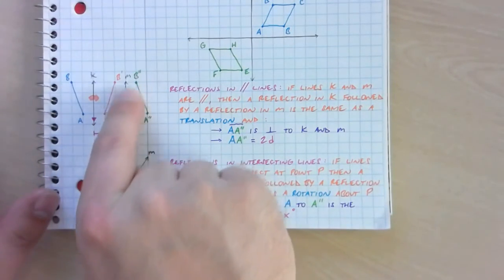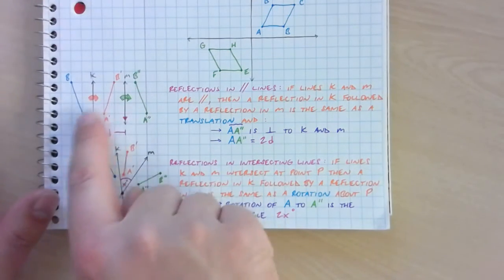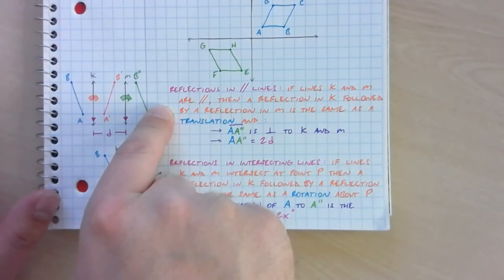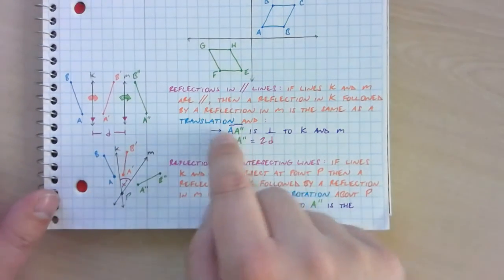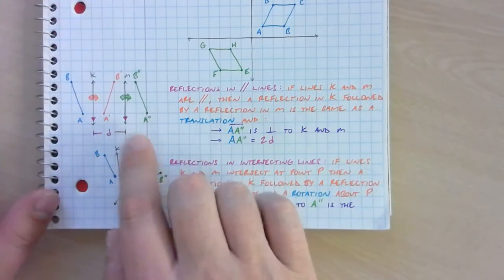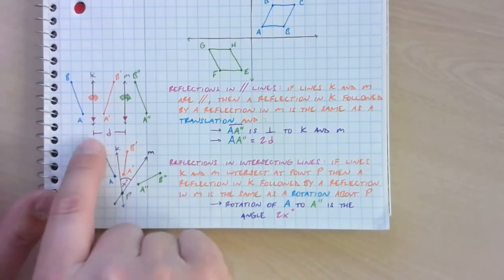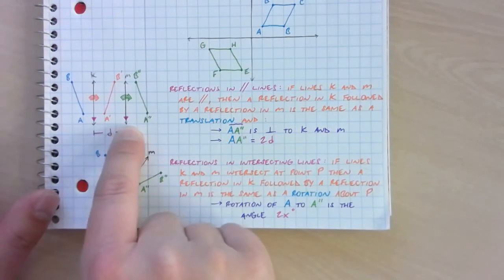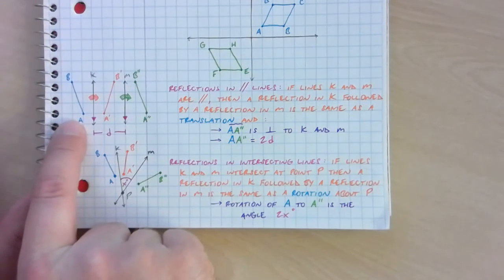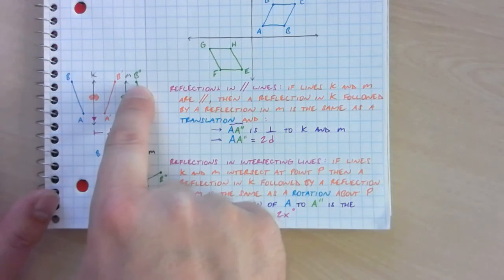If I have parallel lines like K and M here, and I have reflections going over those parallel lines, so segment AB being reflected and then reflected over the next one, this is basically saying that those 2 reflections, that composition, is the exact equivalent of a single translation. And that translation moves twice the distance that those parallel lines are apart. So if these were 5 miles apart, A would be 10 miles, or twice that distance, away from its image. And same thing with B.